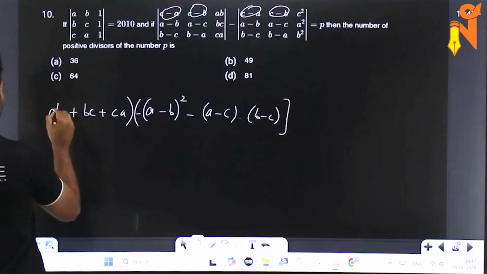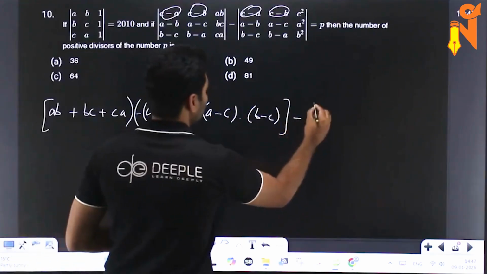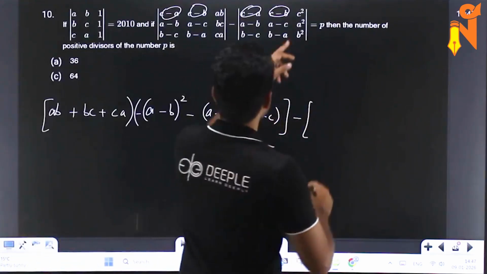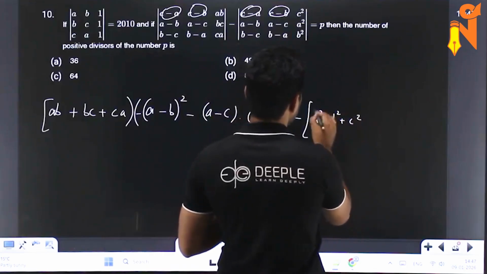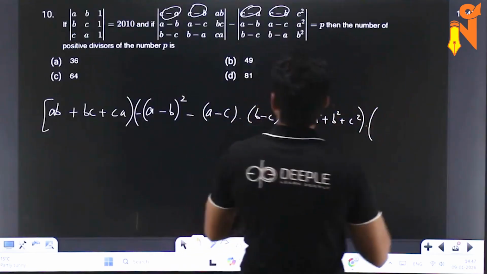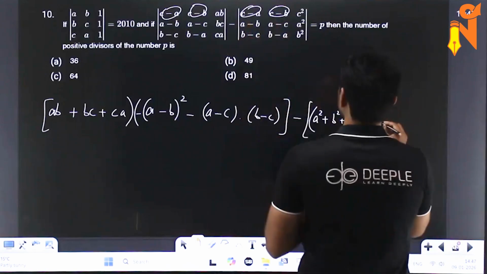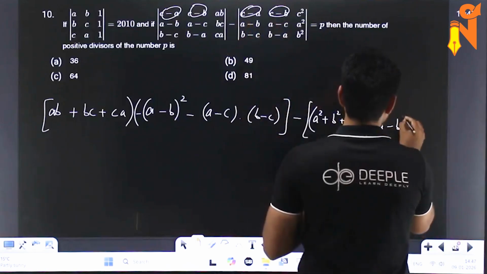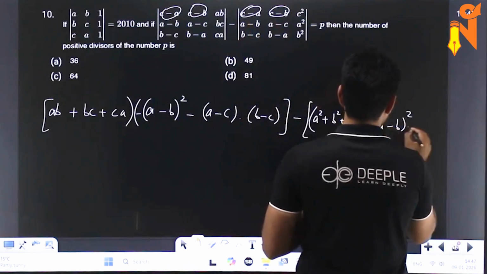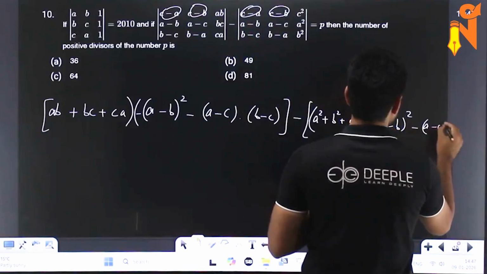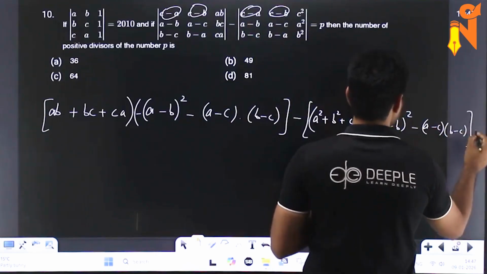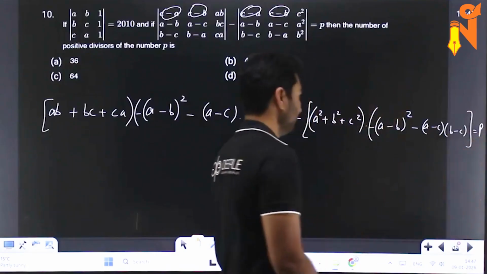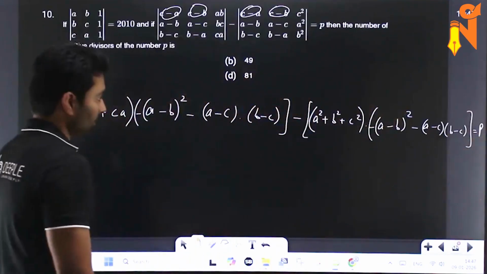Now minus the second expression: A square plus B square plus C square into this. Okay, so A minus B whole square with the minus sign, minus A minus C into B minus C is equal to P. I hope this is clear, and it's very simple.